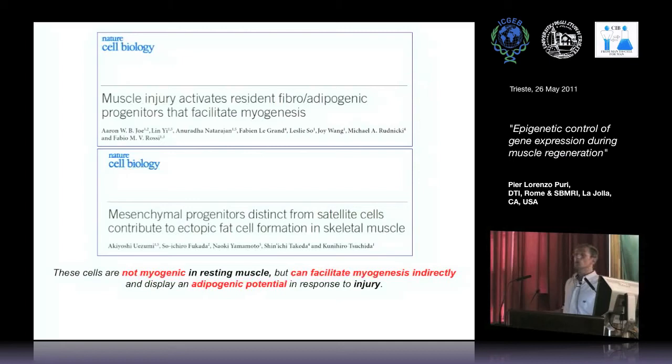And these cells in normal muscles are normally not myogenic, but can facilitate myogenesis indirectly by cell-to-cell interaction with the satellite cells, which are the professional muscle stem cells. However, they display an adipogenic potential in response to injury.